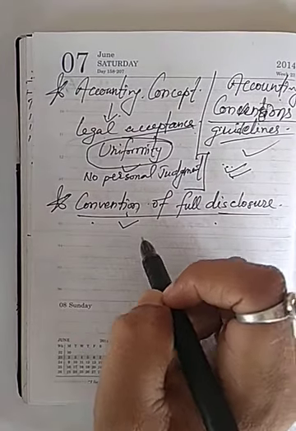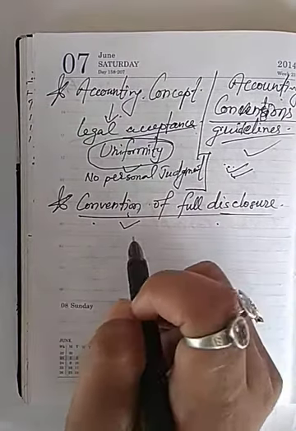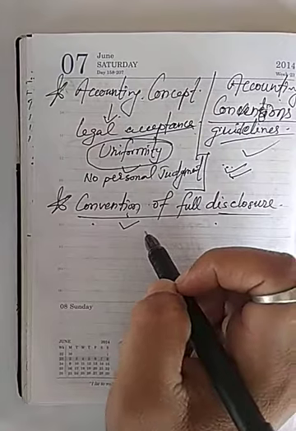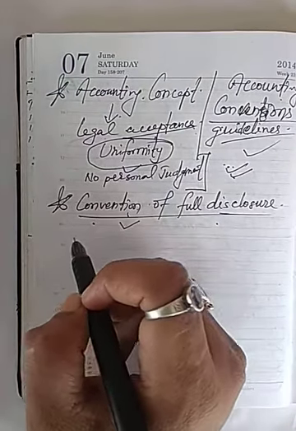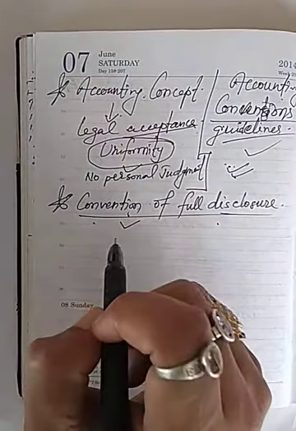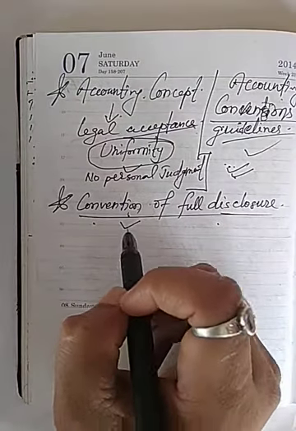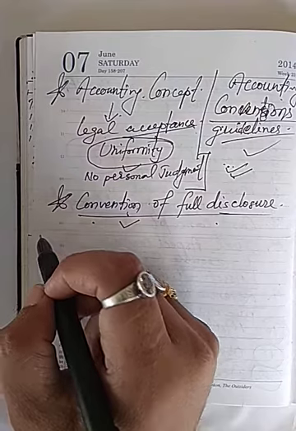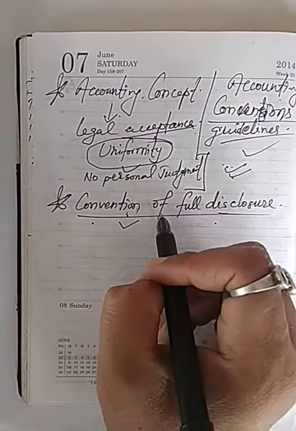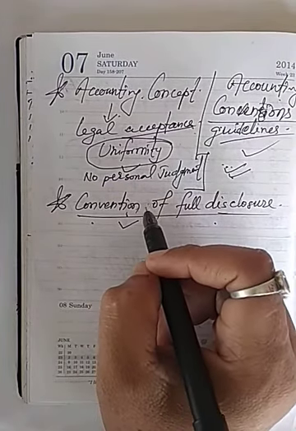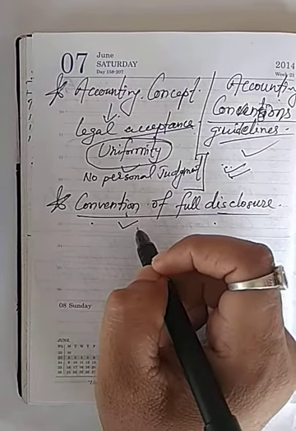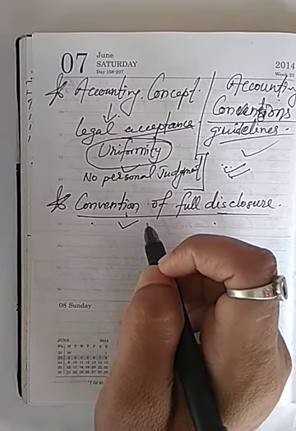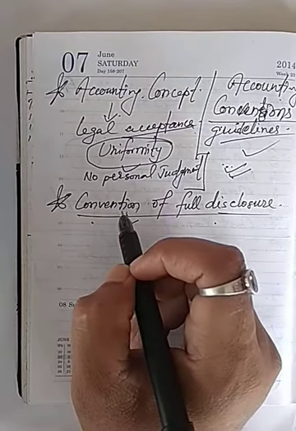Various items or facts which do not find place in accounting statements are shown in the balance sheet by way of footnote, such as contingent liability, which is not shown in the balance sheet, so it is shown in a footnote.